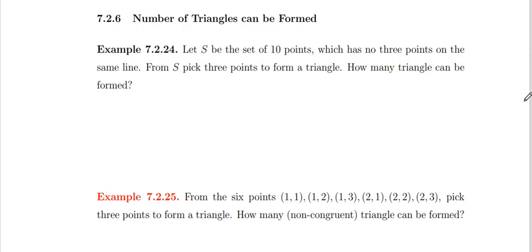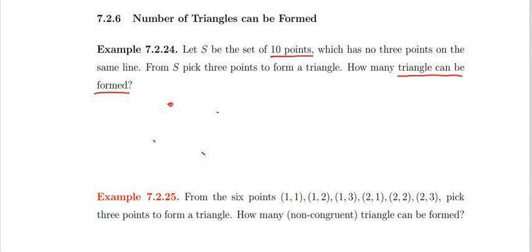So here, those problems are about the number of triangles that can be formed from some points. Like from 10 points, how many triangles can be formed? Let's say we have 4 points, then how many triangles?